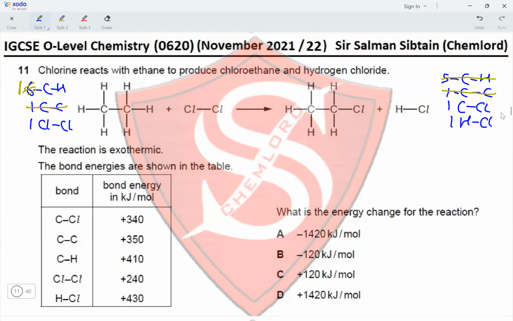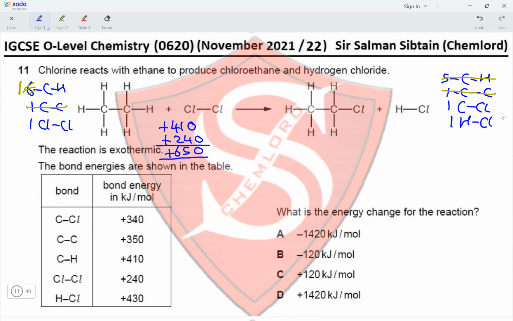So for this calculation, the bond energy for the C-H bond is 410. So this would be plus 410. And for the chlorine-chlorine bond is plus 240. So this will be plus 240. So we will end up with positive 650 as the energy required to break the bonds.